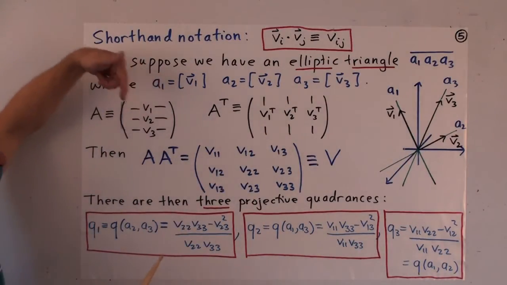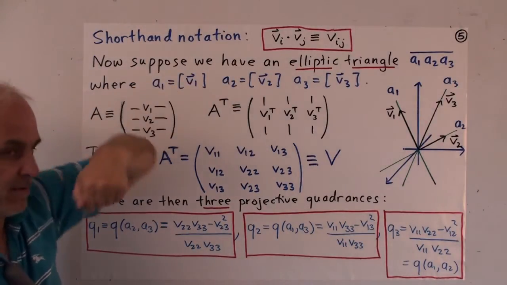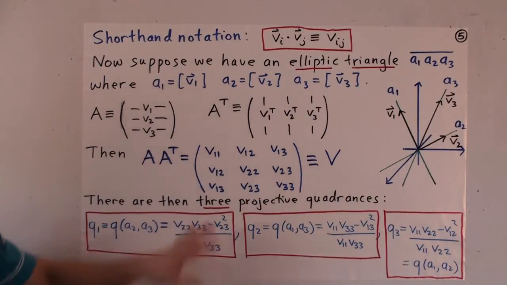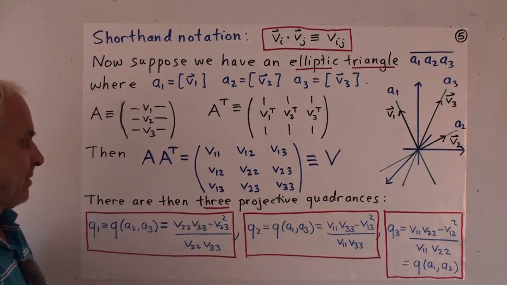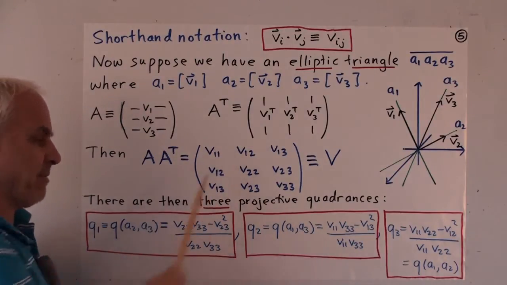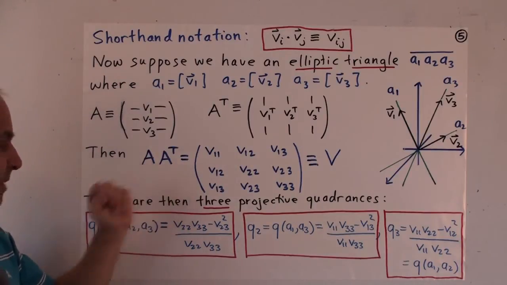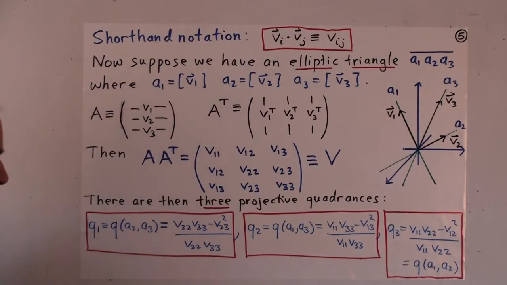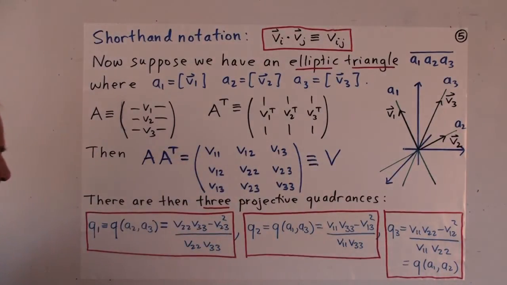So it's the dot product of V1 with V2, which we're agreeing is V sub 1, 2, etc. So we have all these dot products, and this is a symmetric matrix because the dot product is symmetric. And because whenever you take a matrix A and you multiply it by its transpose, that is a symmetric matrix, always. And we're calling that symmetric matrix V, just as we did before.